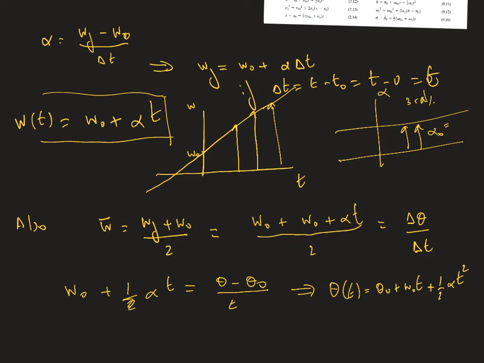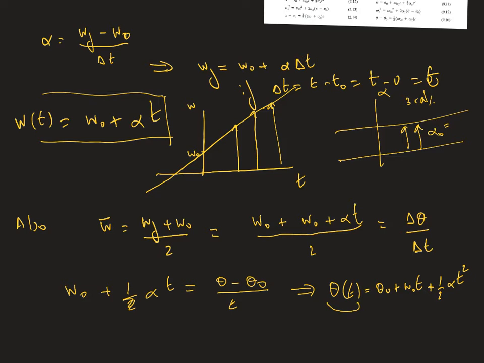To obtain an equation for theta of t, the angle as a function of time, is very similar to what we did with position and velocity in motions with constant linear acceleration.